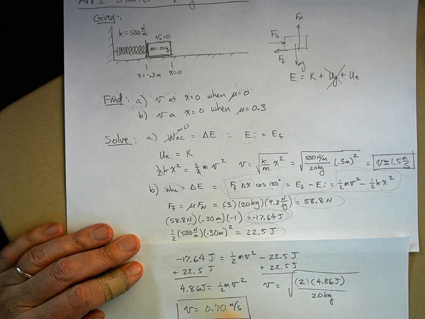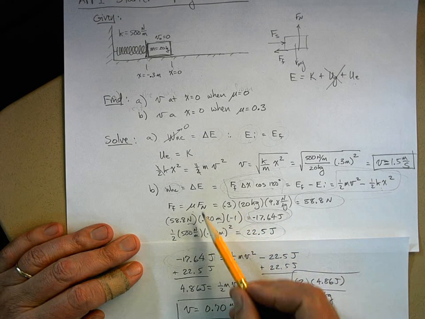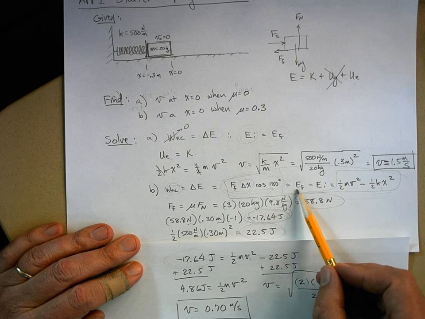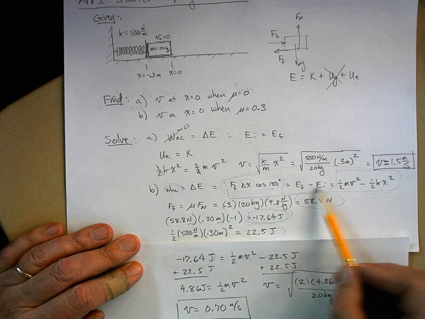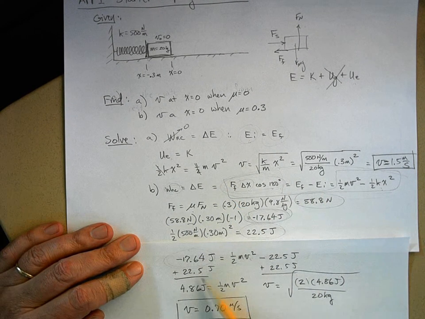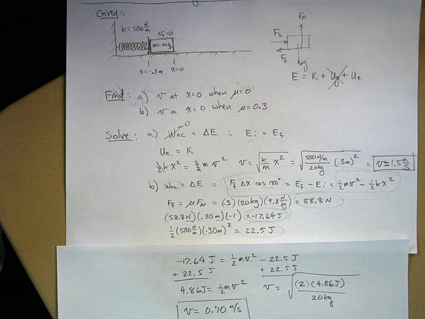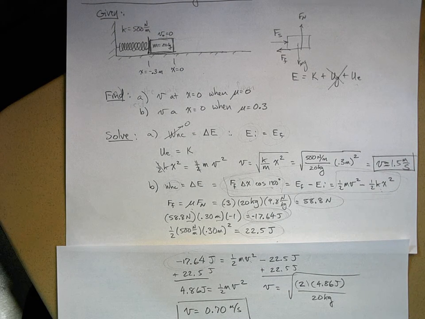So this is the change in energy, which is equal to E final minus E initial. And then we just had to do a whole lot of algebra and calculations to solve for velocity. It's messy and tedious, but it's not that hard once you see it.